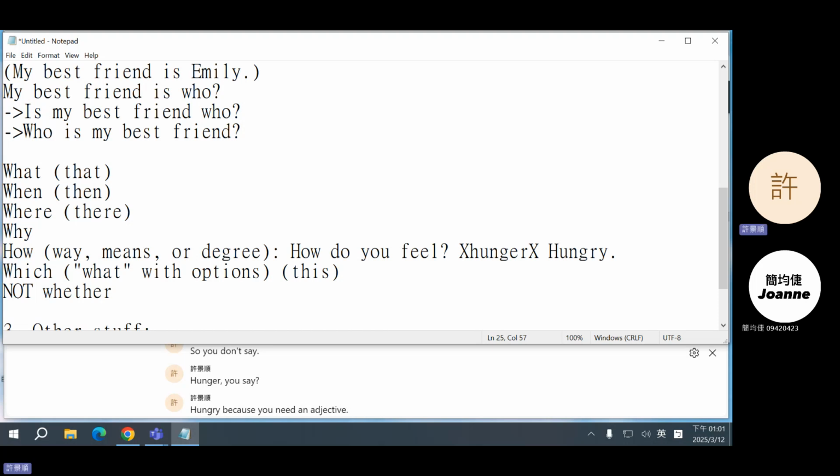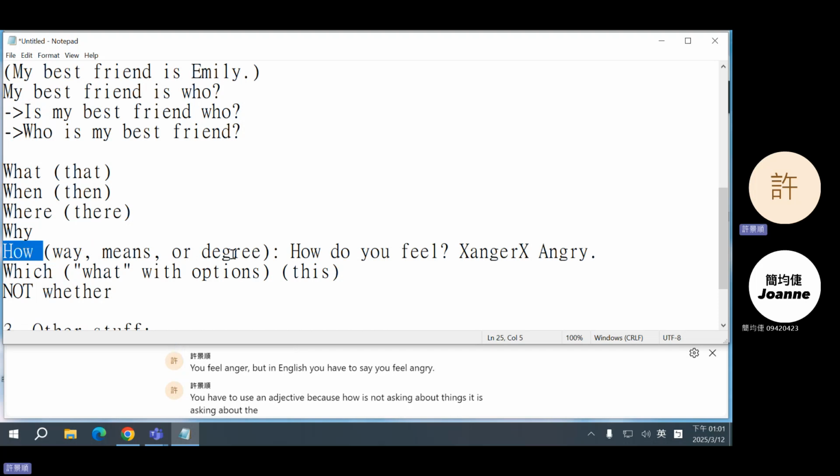Right? This is slightly different from Chinese. In Chinese, you might say you feel anger, but in English, you have to say you feel angry. You have to use an adjective because how is not asking about things. It is asking about the way or the degree. So if a question begins with how, you should not answer with a noun.